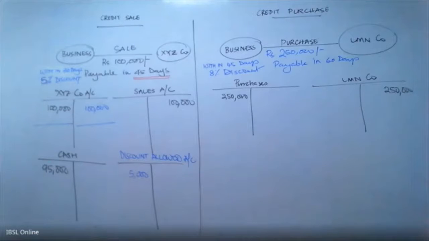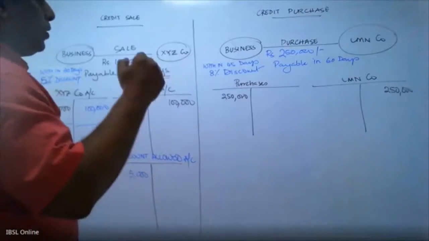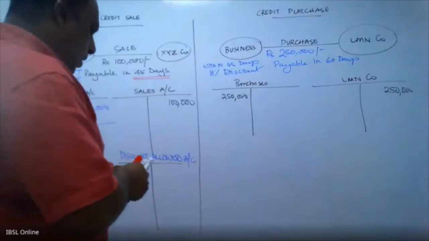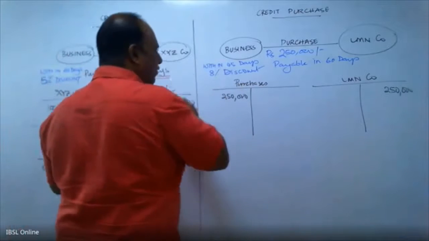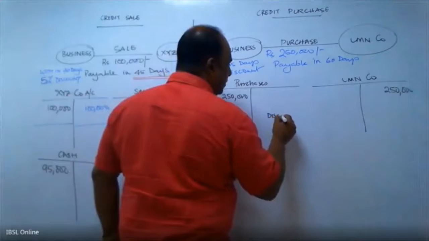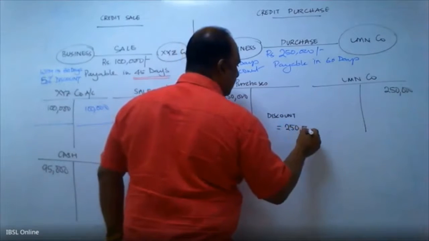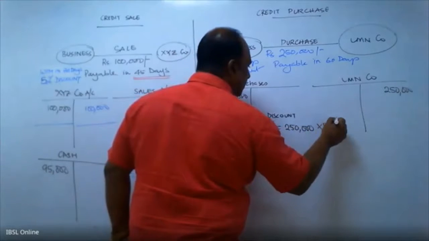But tell me how much you will pay. 230,000. Very good. How did that 230,000 come? If I am to settle it within 45 days, the discount is 250,000 into 8%.